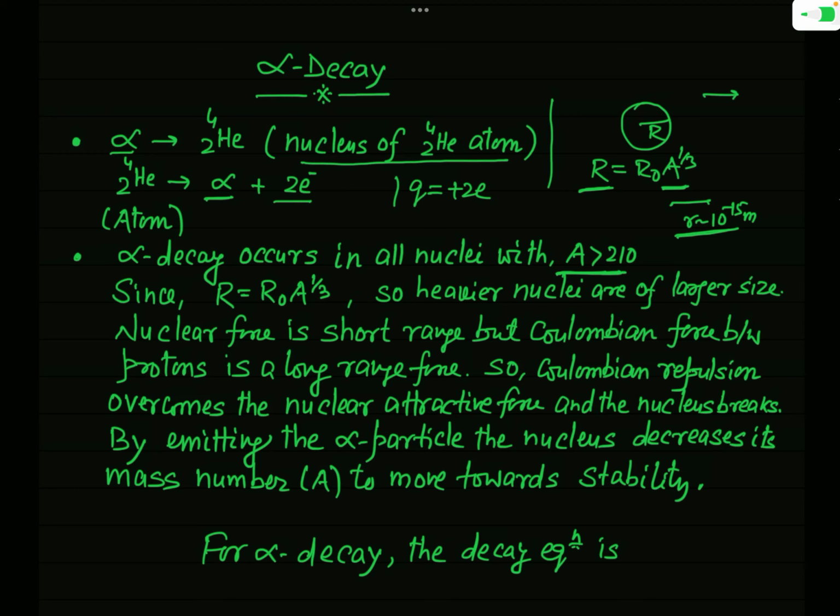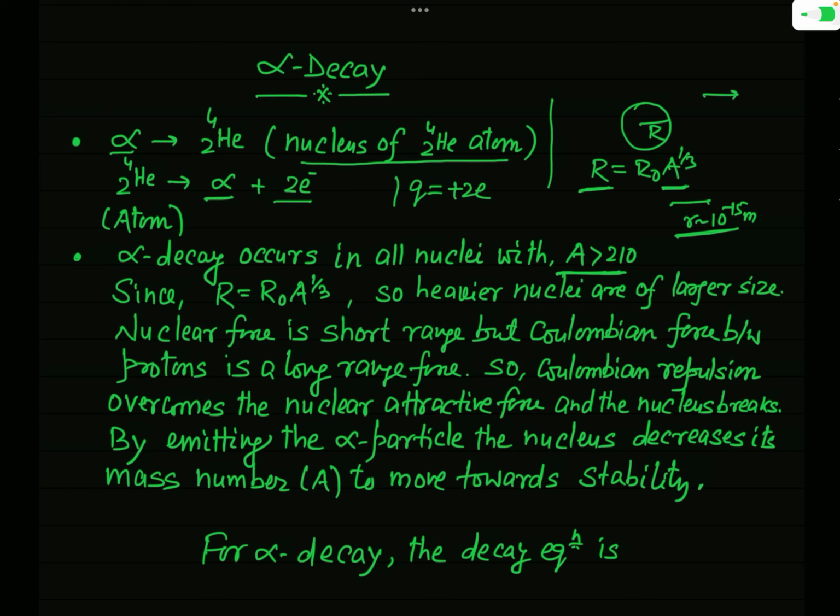On the other hand, the attractive nuclear force tends to bind the nucleons. So what will happen? Since the disruptive force, the Coulombian repulsion, is stronger than the binding force, the attractive nuclear force, such heavier nuclei will be broken due to the stronger electrostatic force.